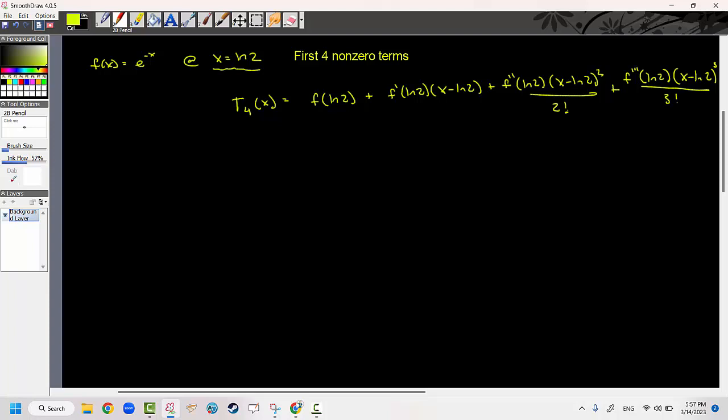Okay, so this is my initial expansion. One might call this the shell of my Taylor series.